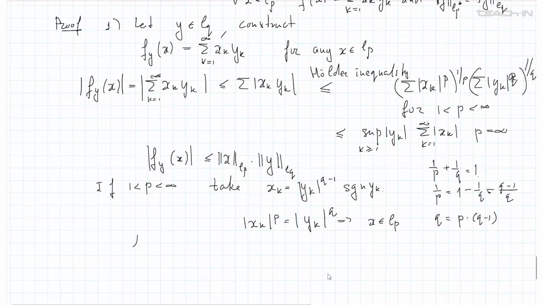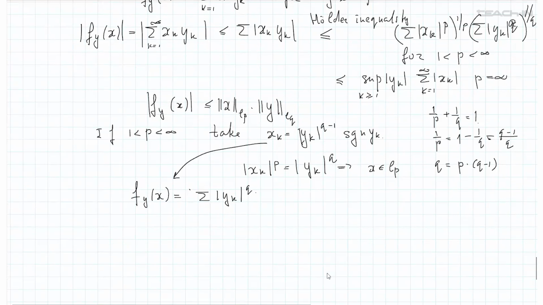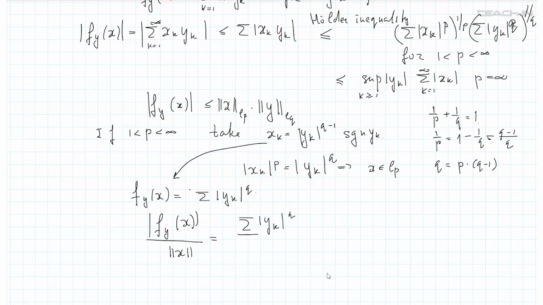And for this, what do we obtain? If I write it divided, we calculate that the powers of xk to the p equal the powers of yk to the q.